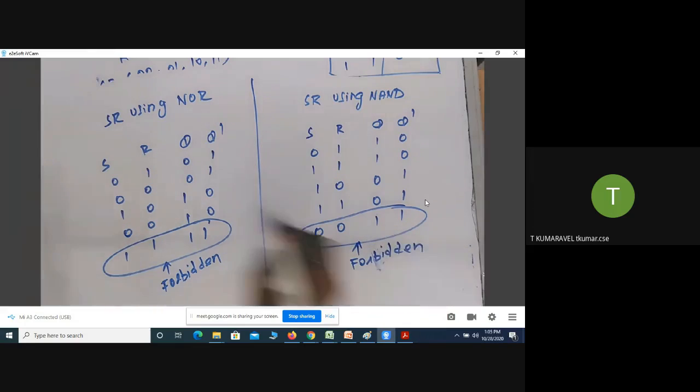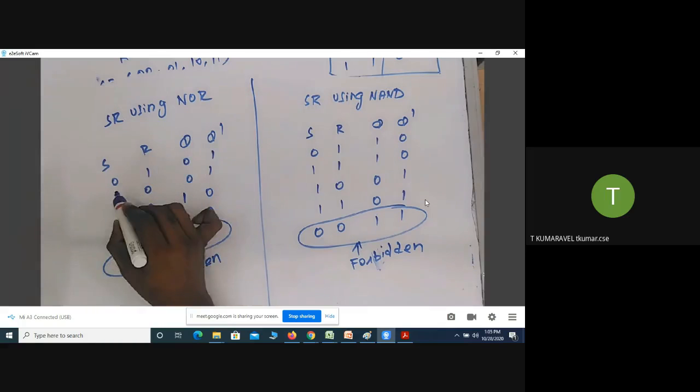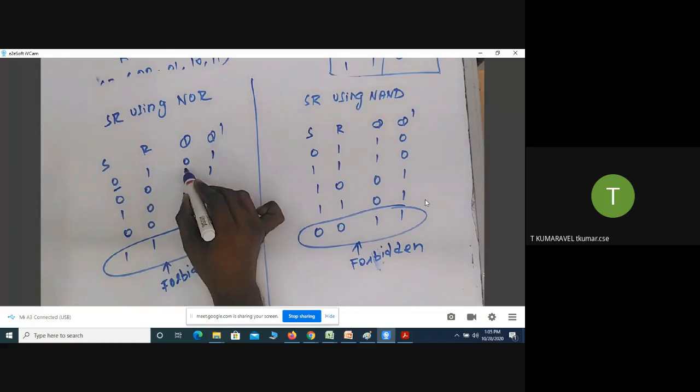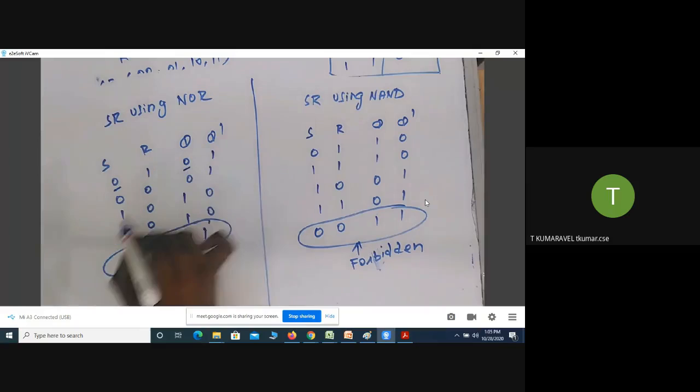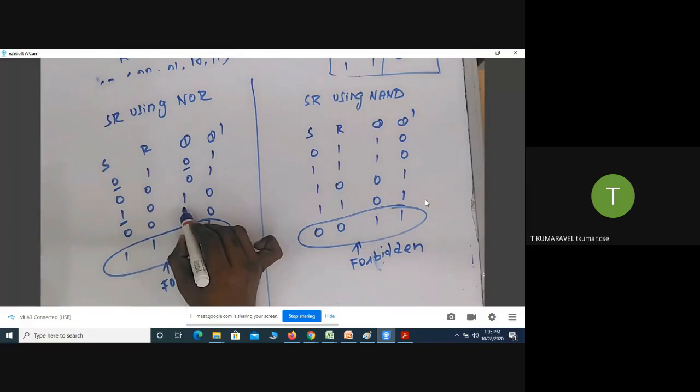First look at SR using NOR gate. Whenever the S value equals 0, the Q value equals 0. Suppose S value equals 1, then Q value equals 1.